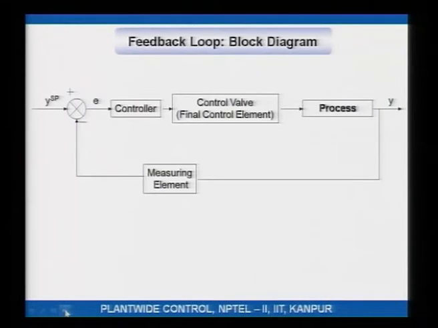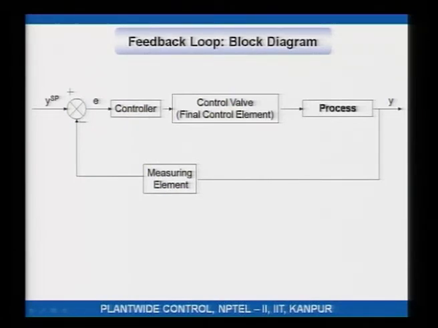You have the process, there is a sensor that is measuring the output, this is the measuring element, which includes the transducer. This is saying what the output is, what my temperature, flow or pressure is. You would like that temperature, flow or pressure to be at a certain set point. The difference is the error. This error goes to a controller, which are typically PID controllers.